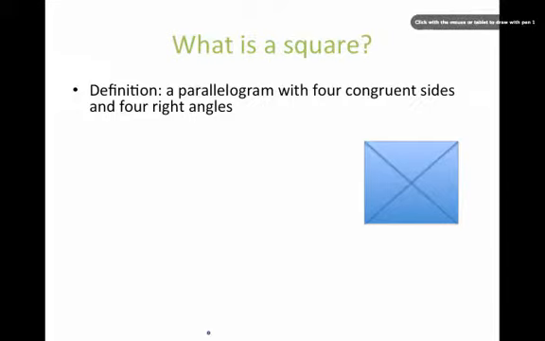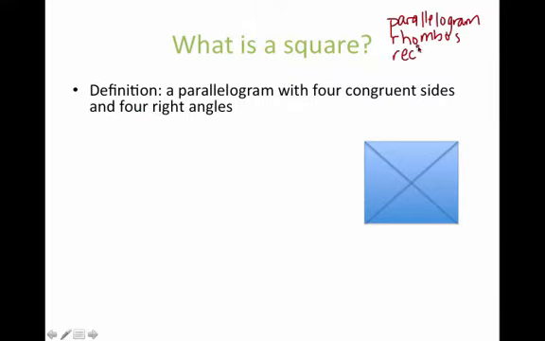So a square is not only a parallelogram, it is also a rhombus because it has 4 congruent sides, and it's also a rectangle because it has 4 right angles. So it is like the superstar quadrilateral. It's all 3 of these. So that means it has properties that all 3 of these have.